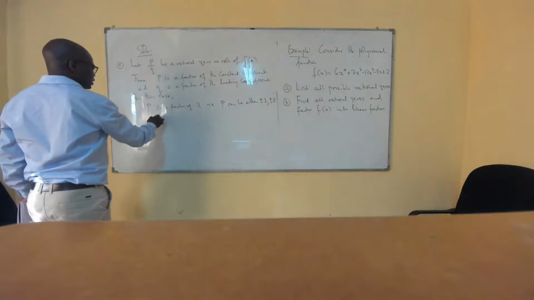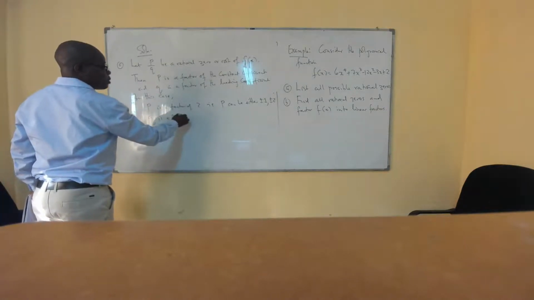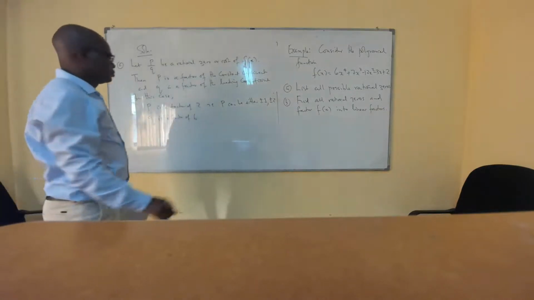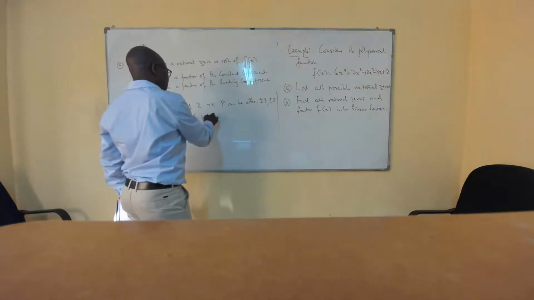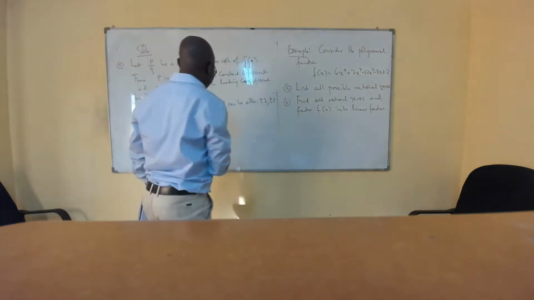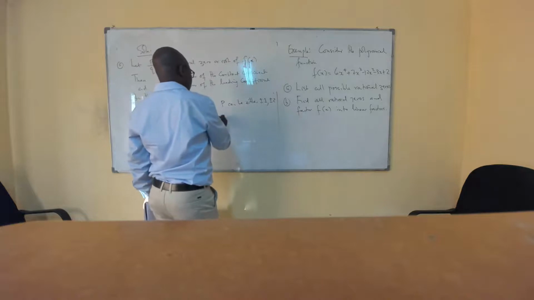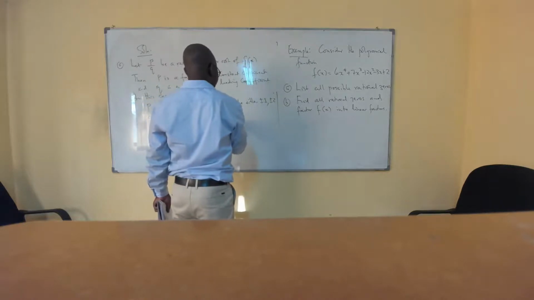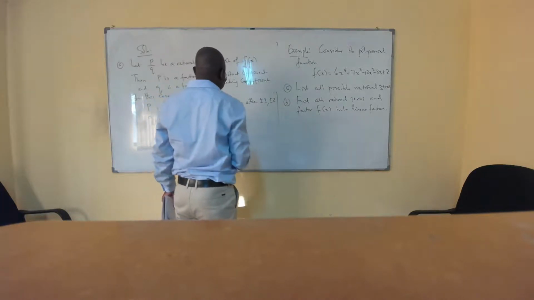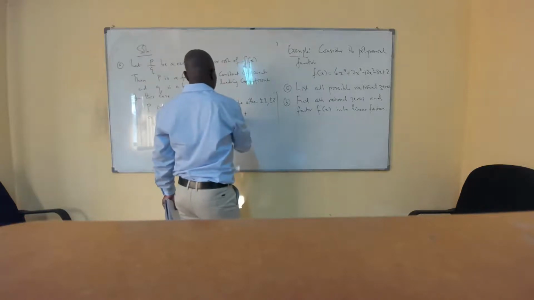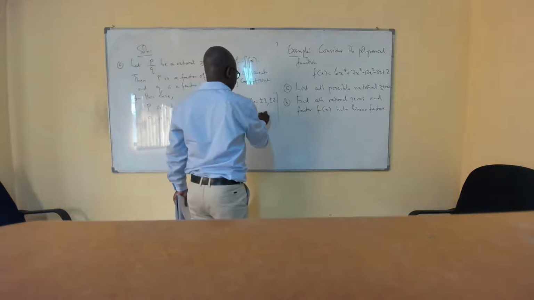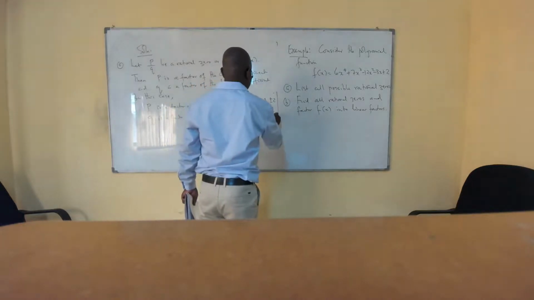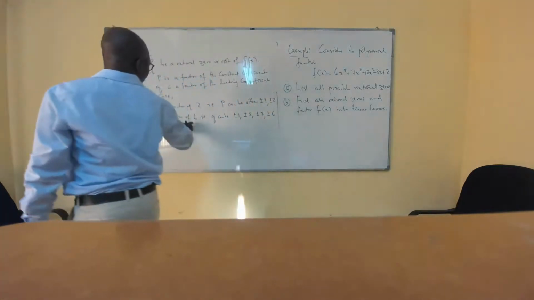The denominator is a factor of 6. That is, q can be plus or minus 1, plus or minus 2, plus or minus 3, plus or minus 6. These are the factors of 6.